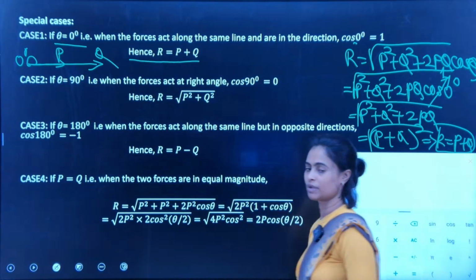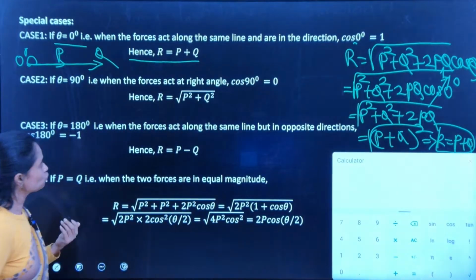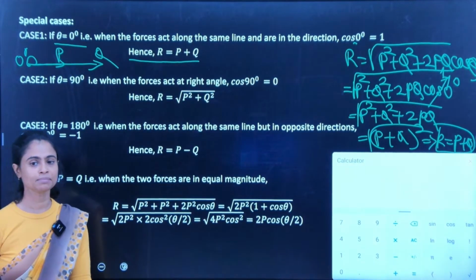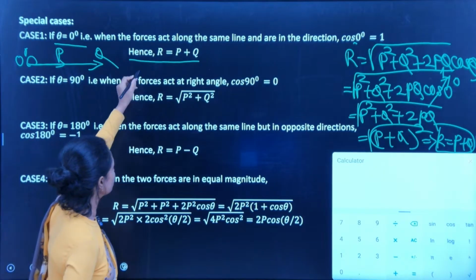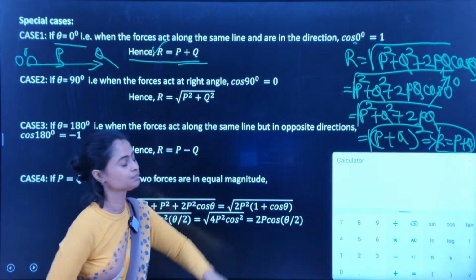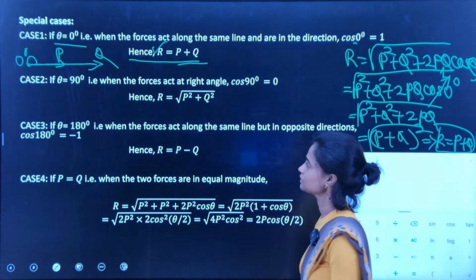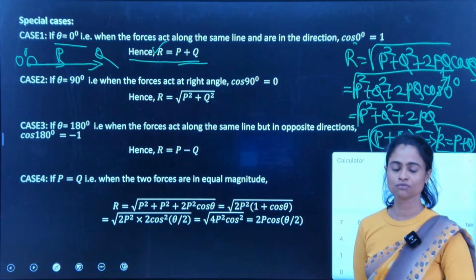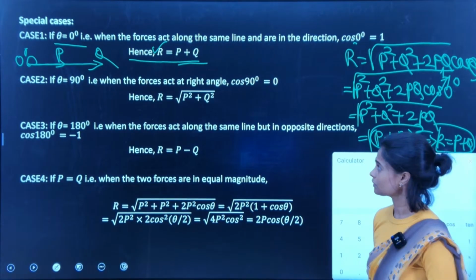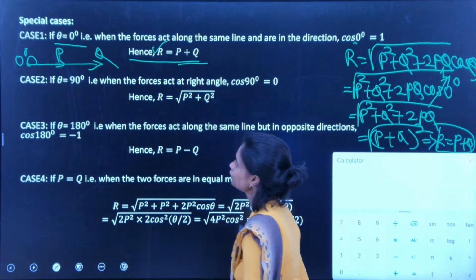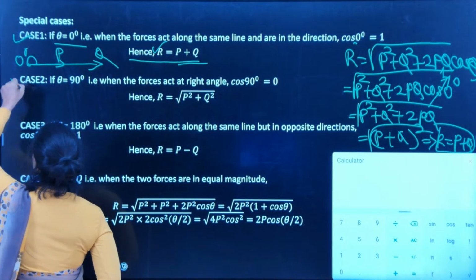Hence R becomes P plus Q. So when the two forces are acting along the same line, we can find out the resultant of them by simply adding them. Okay, so we don't need any vector addition because the direction is same for both the forces, so we can simply add them algebraically, right? First case is over. Let us move on to the second case.